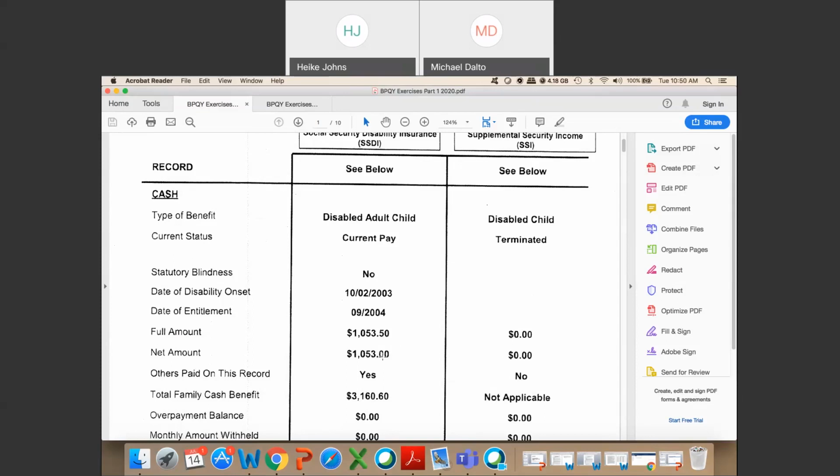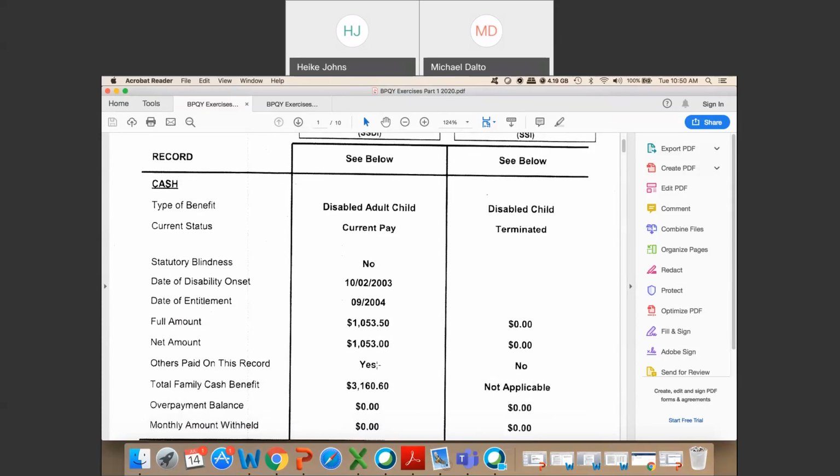They round down to the nearest whole dollar amount. Others paid on this record, yes. Since it's a benefit received on a parent's record, at least one other person, the parent, may be receiving benefits on that record. Total family cash benefit, $3,160.